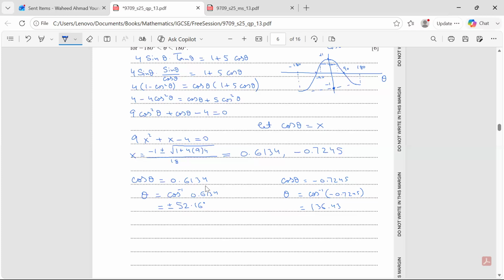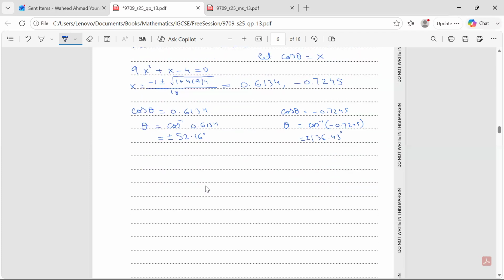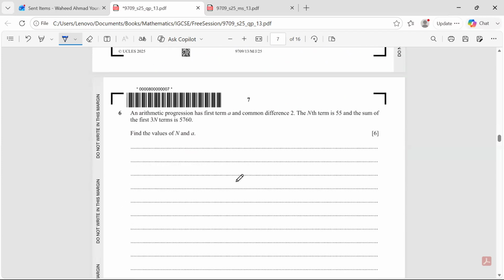But again, you can see that it corresponds to this point as well as this point. So there are two answers, plus and minus 136.43 degrees. I hope you understand all the steps in this question and the reason for every step.